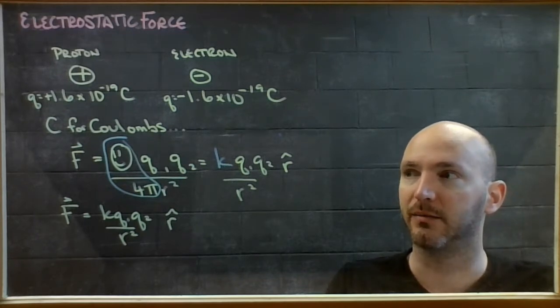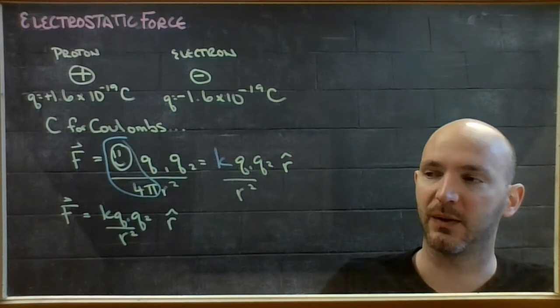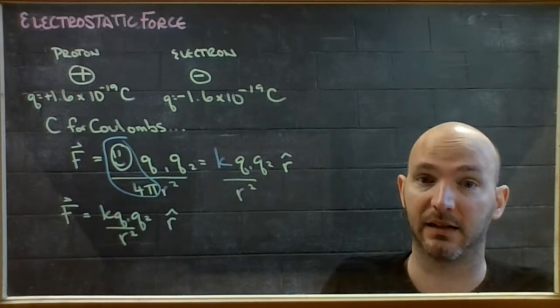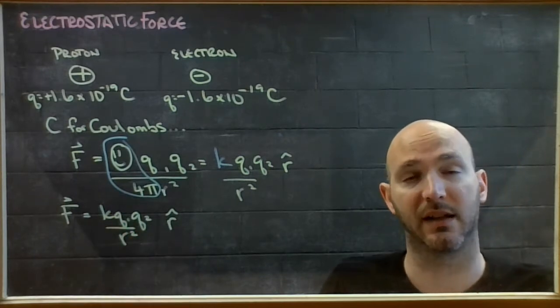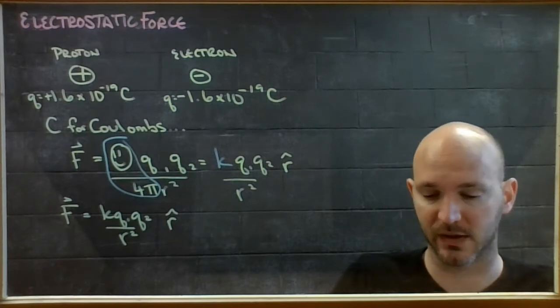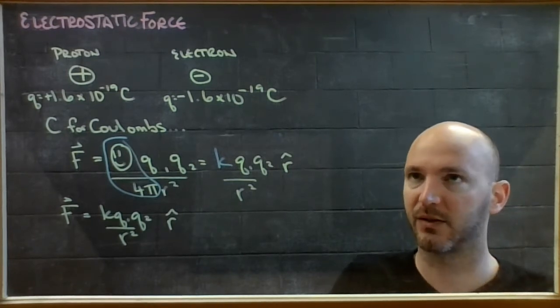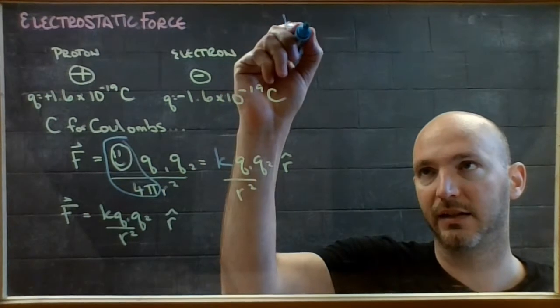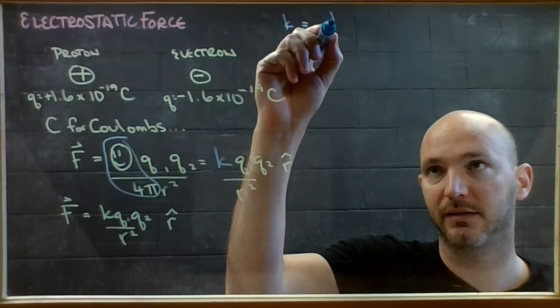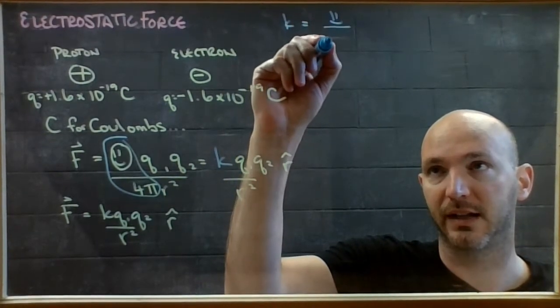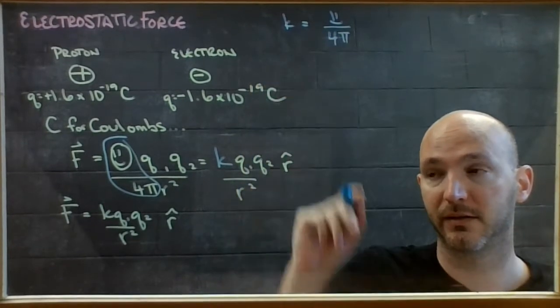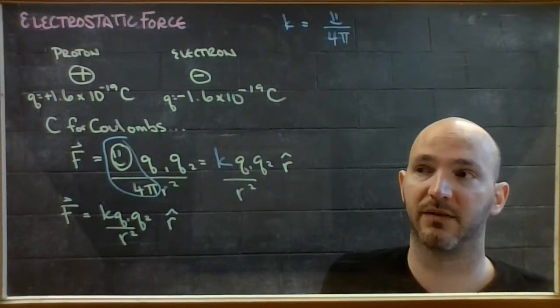All right, good. So the only thing left to deal with then is this K, the effectiveness of electrostatic force. Well, we already sort of pointed out that K had a smiley face part and then it had a 4 pi part to it because of this division here.